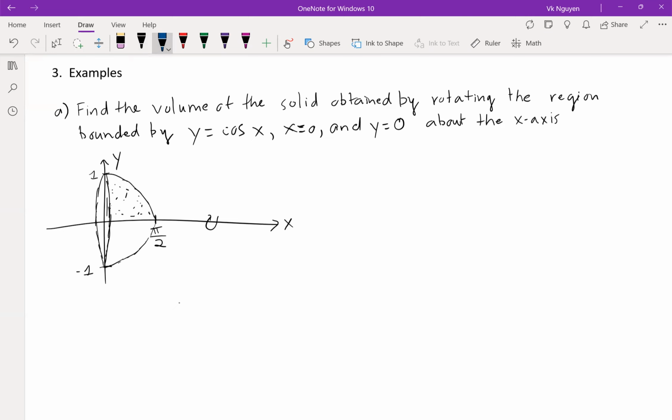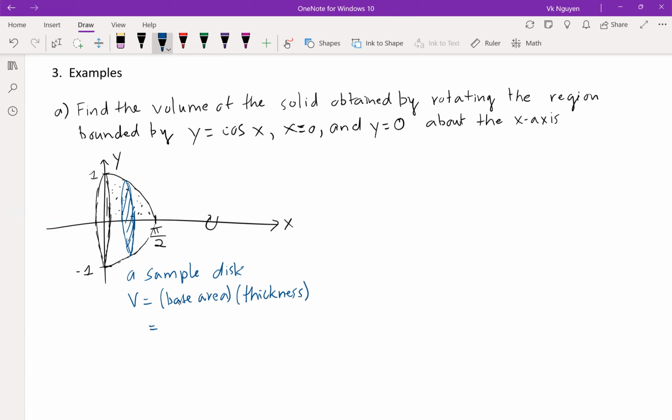What is most important is you have to be able to sketch a sample slice. So a sample slice looks like this. It is a sample disk. It has a volume of base area multiplied by thickness.